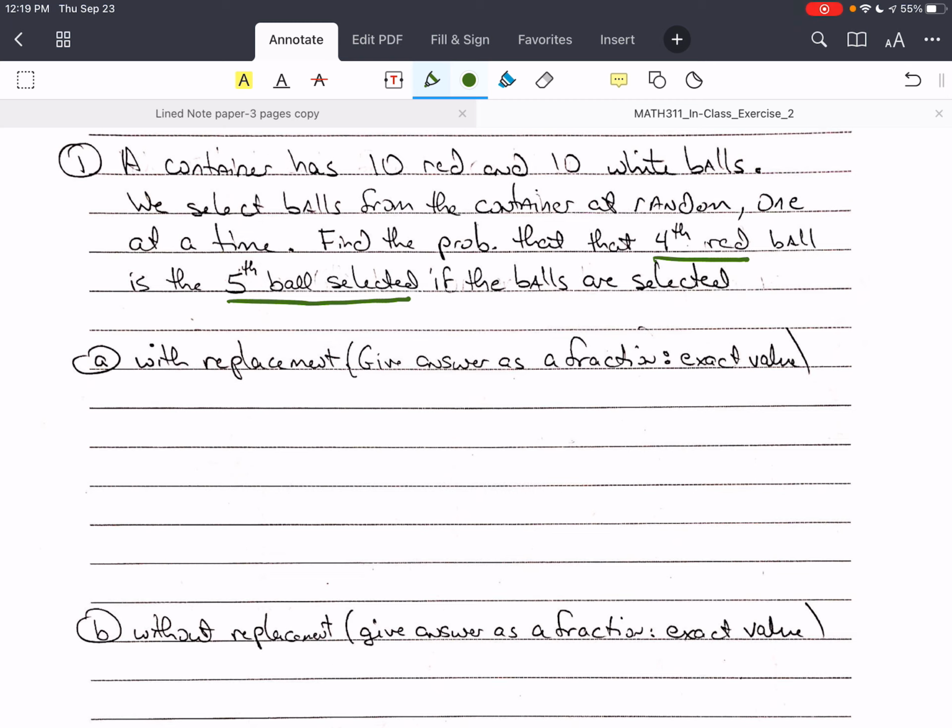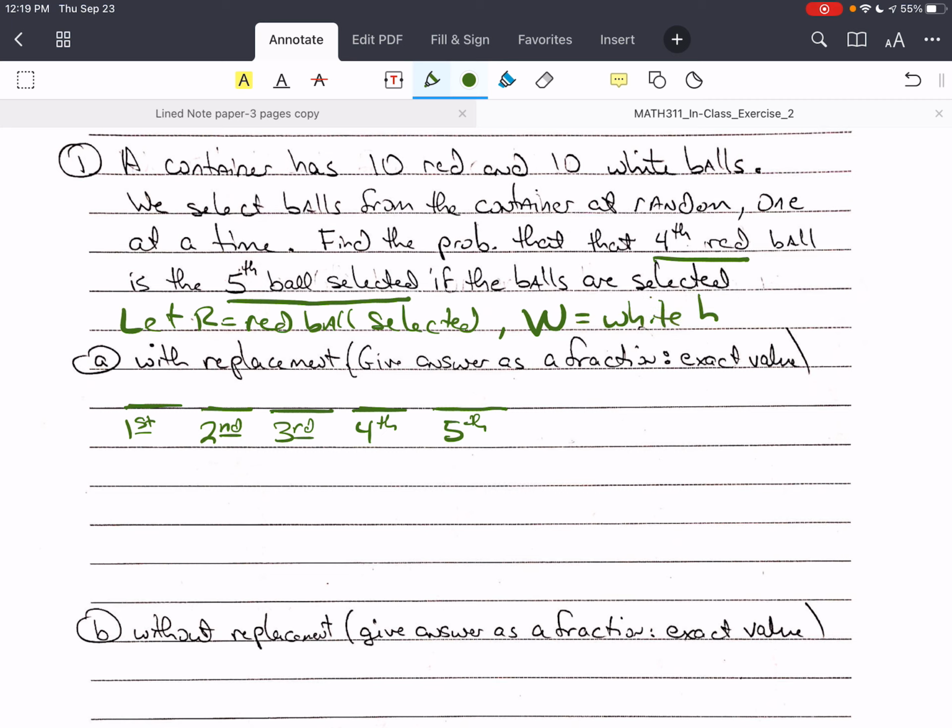So the easiest way to do this, I think, is to draw out 5 places for the first ball, the second one, the third, the fourth, and the fifth. Now, I'm going to say let capital R equal red ball selected, and capital W equals white ball selected.